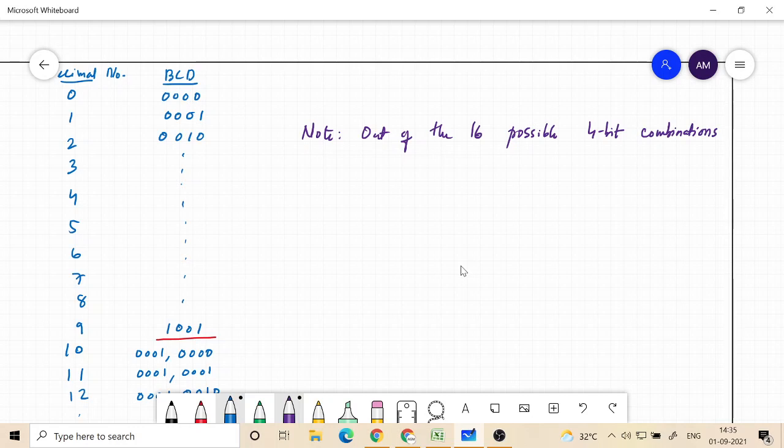Out of the 16 possible 4-bit combinations, we allocate the first 10. First 10 means 0000 to 1001.